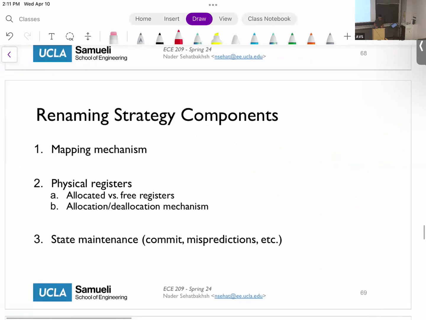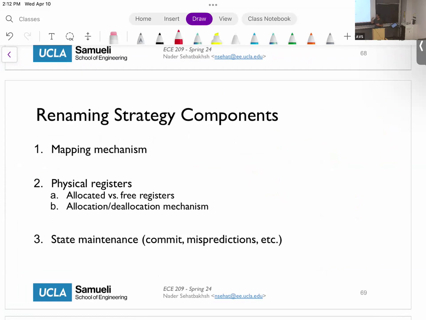So how does this work? There are 3 things that we need to think about when we are doing renaming. The first is, of course, the mapping strategy. What's the logic that we're going to use to assign a PREG to an AREG? Then we need to keep track of this mapping.